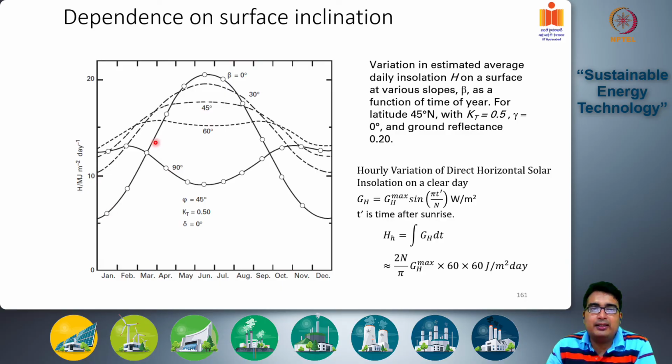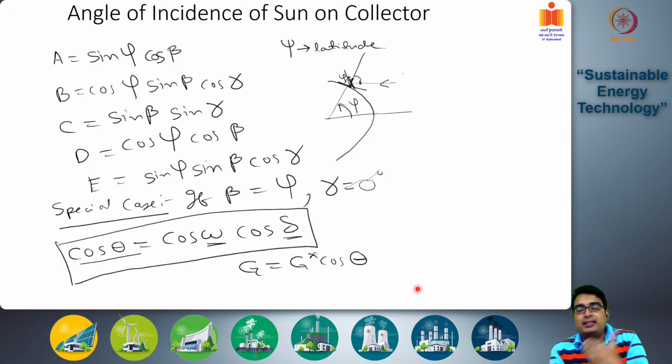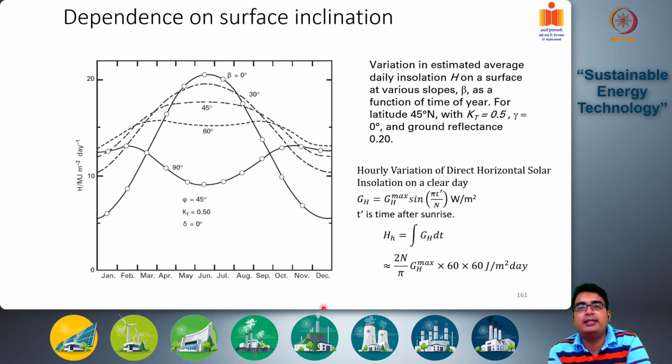So this value is being plotted here for different values of N and different values of G_H max. This gives you an idea of the optimum way to orient your solar collectors and how to evaluate the angle theta that is used to evaluate the local solar flux at any given time of the day for differently oriented solar collector plates.